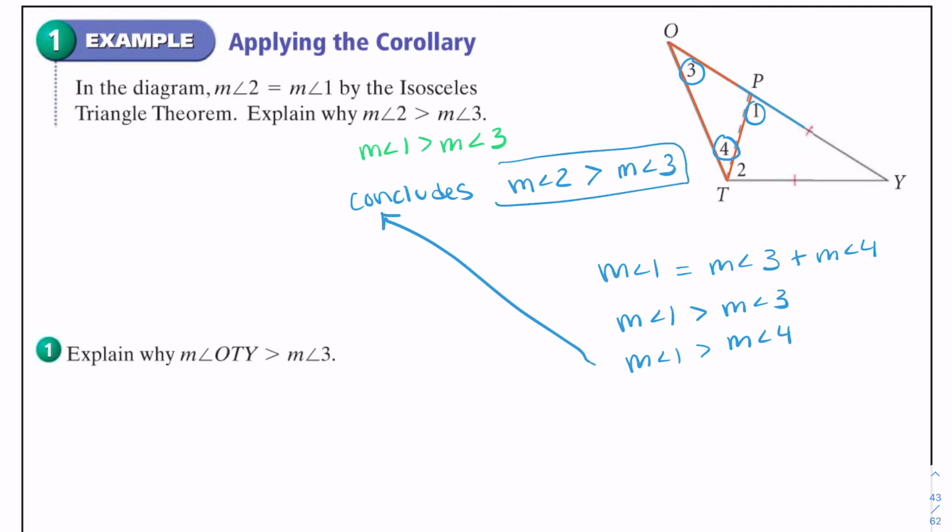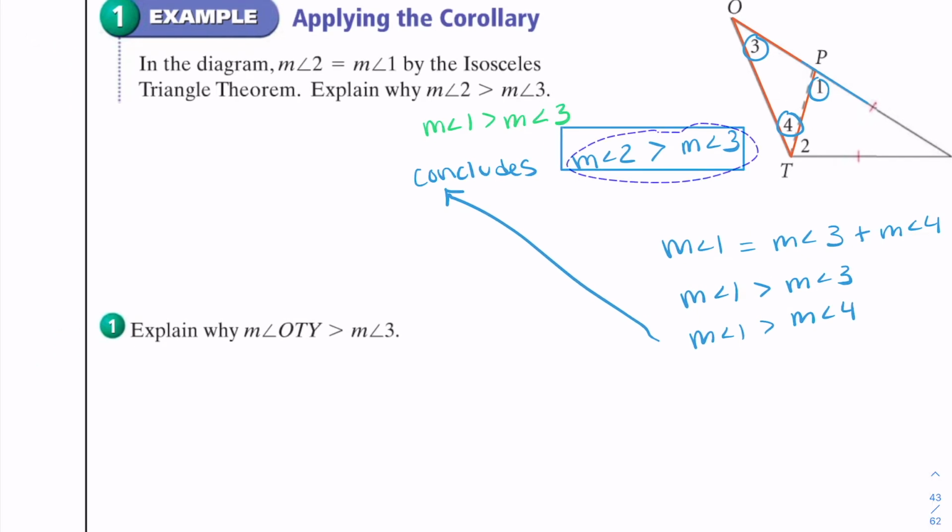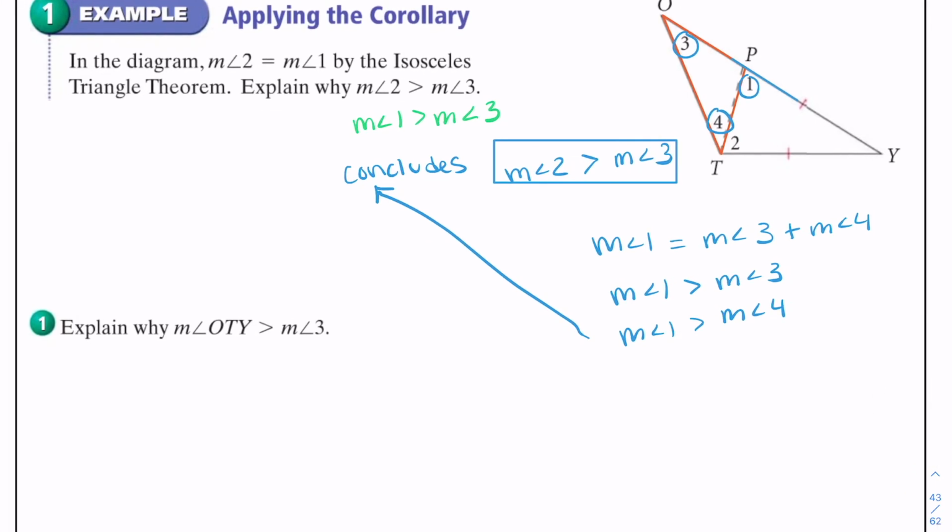So it's all about equality, and if something is greater or lesser, then the thing it's equal to is also greater than or lesser than it. It's kind of a tough proof, I get it.